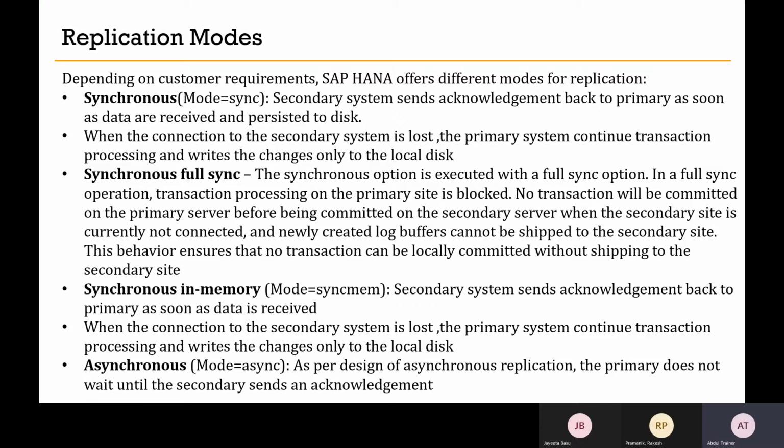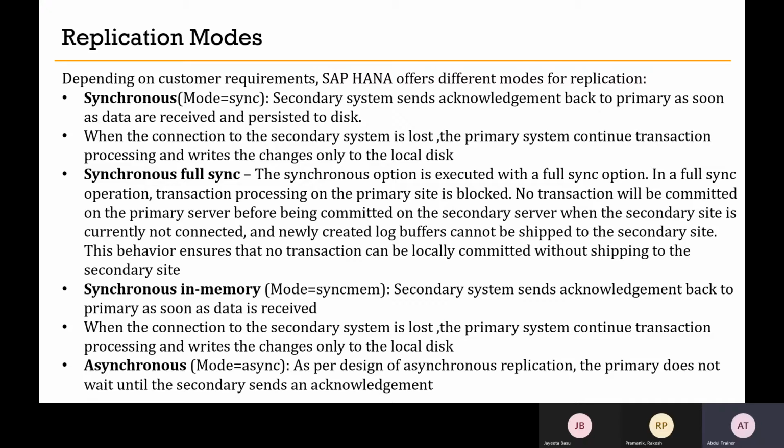For example, you have the primary and the secondary database, and the secondary database goes down. Something has happened. And then after that, suddenly your primary crashes, say after 10 minutes or 5 minutes.